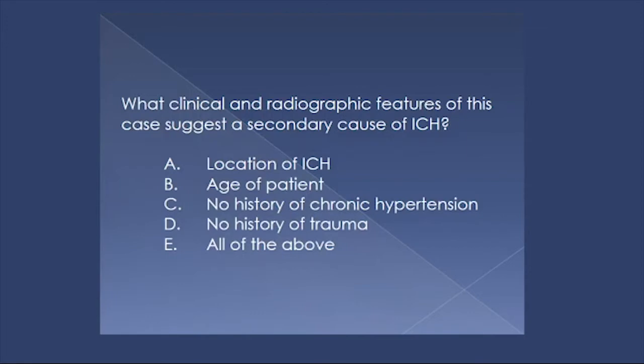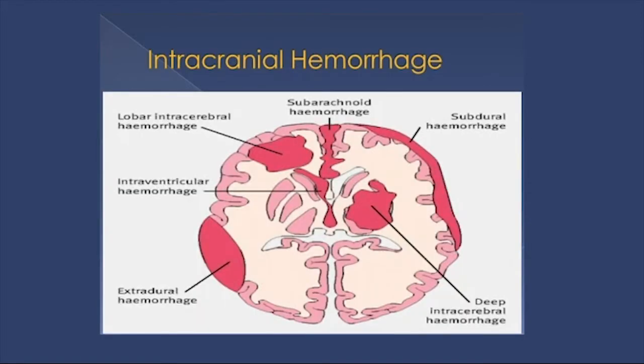The list of the causes of intracerebral hemorrhage is in the third slide from here. But what do you think suggests in this patient that there is no secondary cause? Okay, it's loud silence. I leave that question hanging.